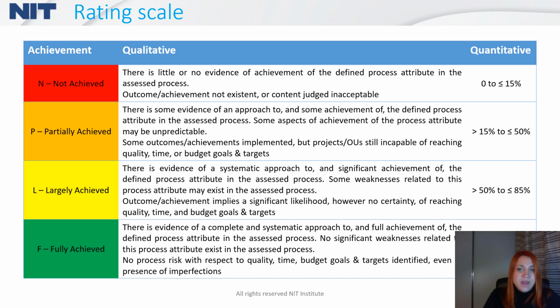Then you have partially achieved. This is the second rating, which comes from 15 to 50 percent. It means that there is some evidence of an approach to, and some achievement of, the defined process attribute in the assessed process. Some aspects of achievement of the process attribute may be unpredictable.